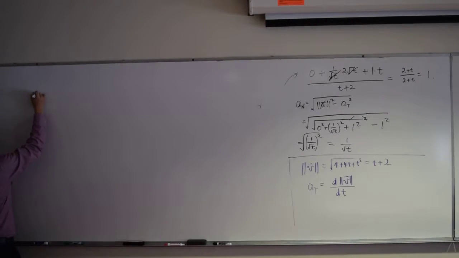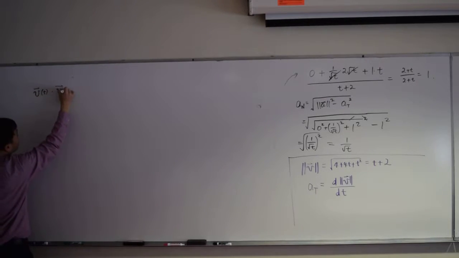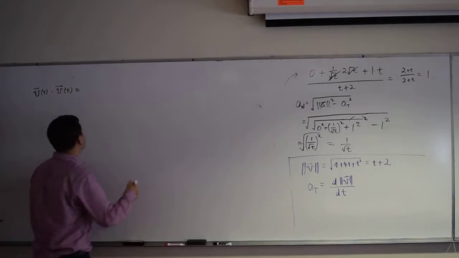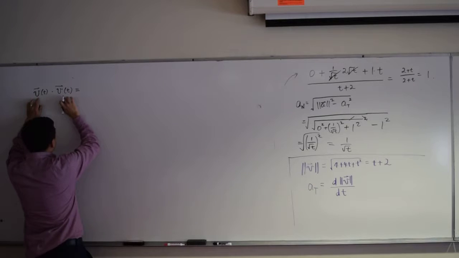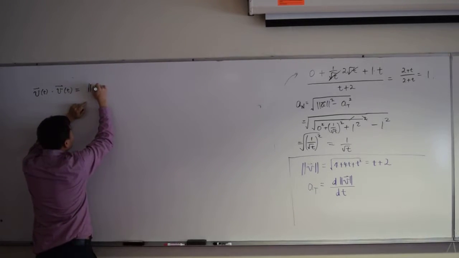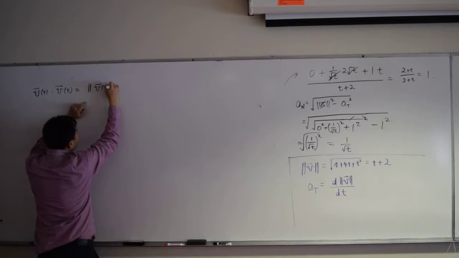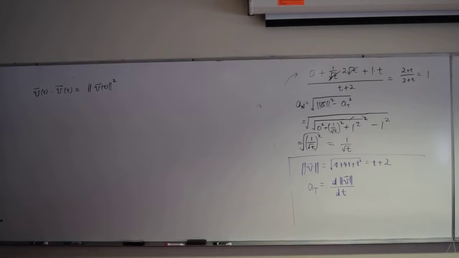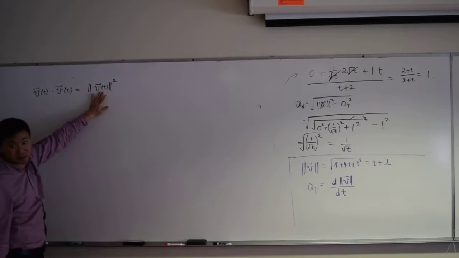Now, if you have velocity vector dotted with itself, what do you get? If you have any vector dotted with itself, it's same as norm squared, right? It's magnitude squared, okay? And this is perfect because on the left side you have the velocity, on the right side you have the speed.